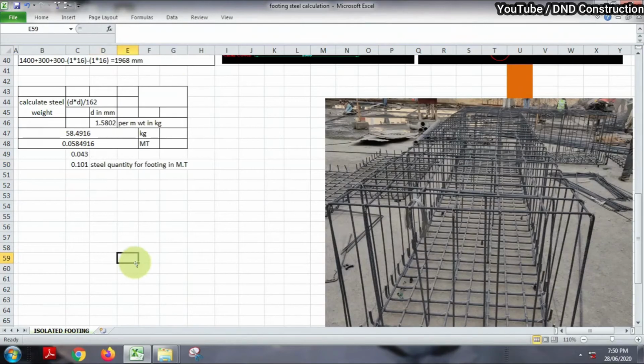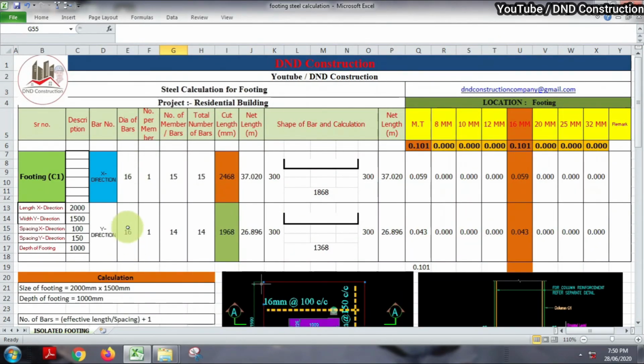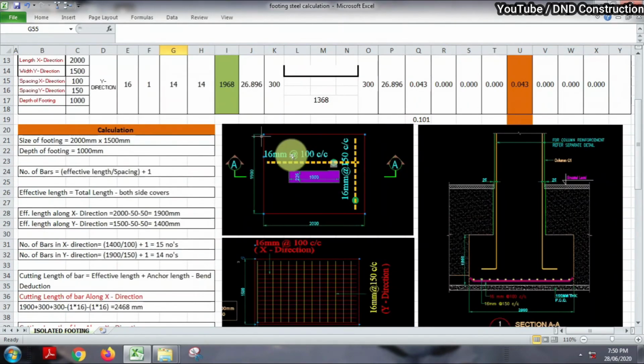When we calculate this value in kg, multiplying by 1000, we get 101.5 kg of steel required for this footing, for the X and Y direction steel. This footing requires 101 kg of steel.